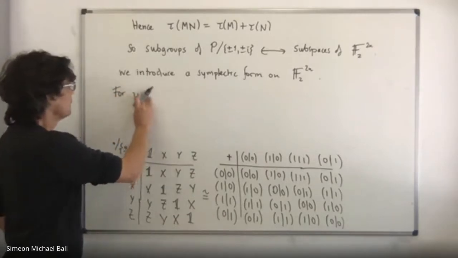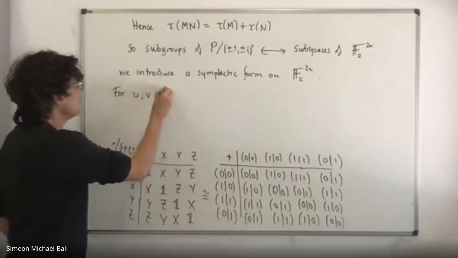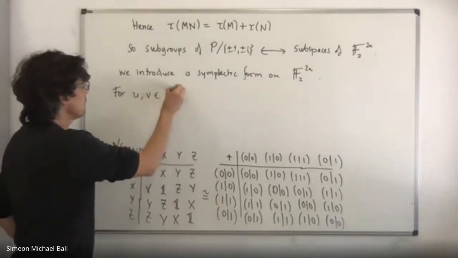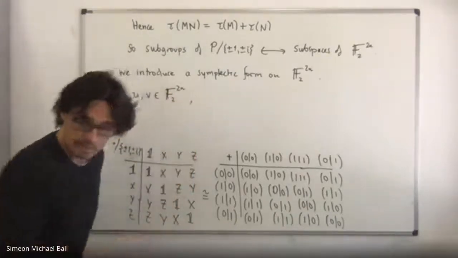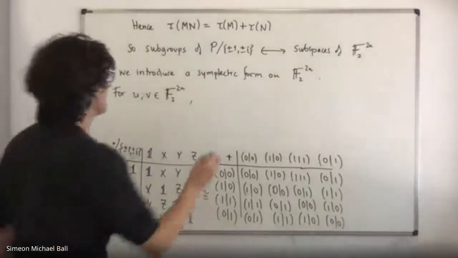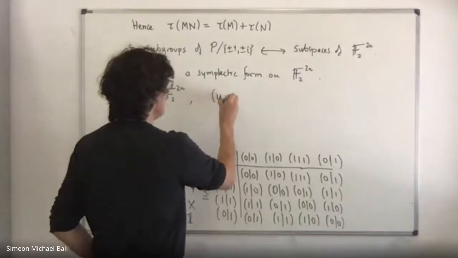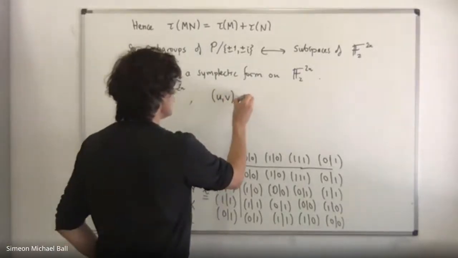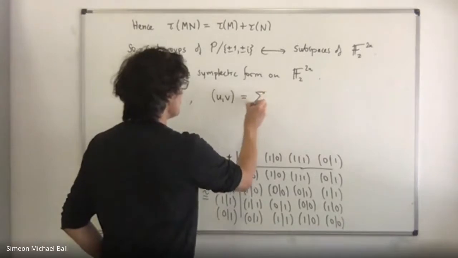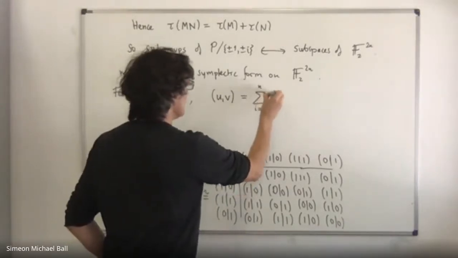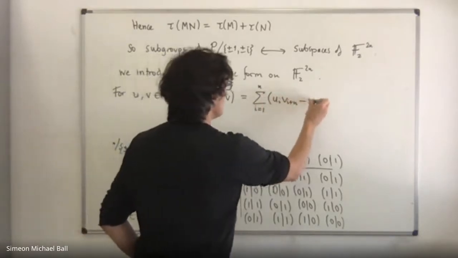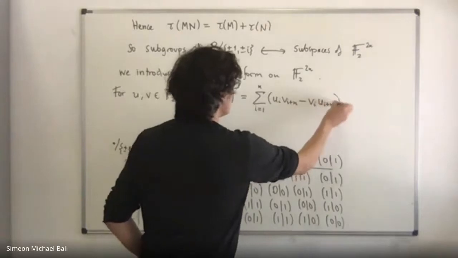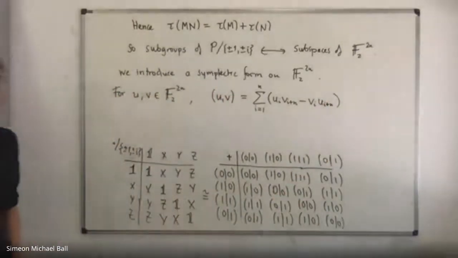For u and v in F2 to the 2n, we let bracket u, v equal the sum from i equals 1 to n of u_i and so on.